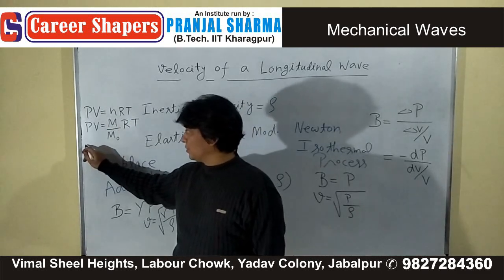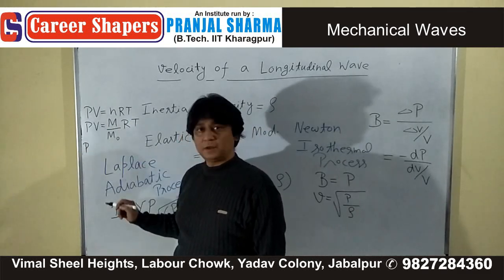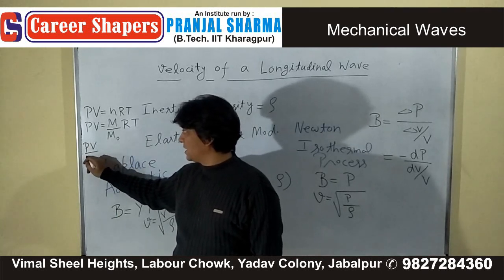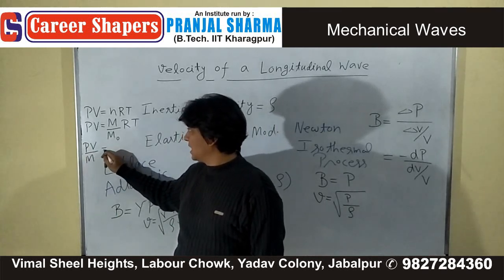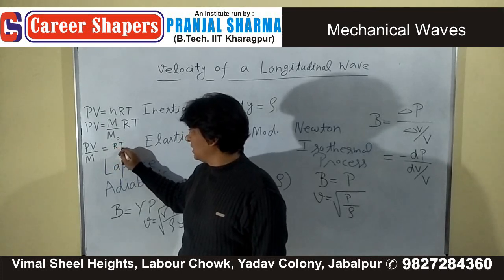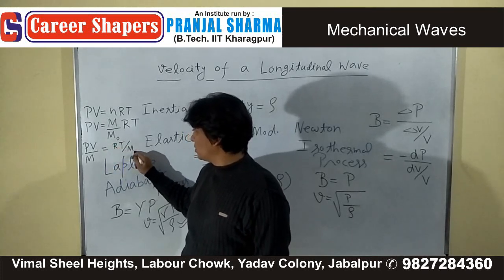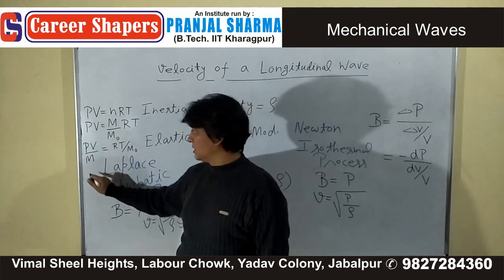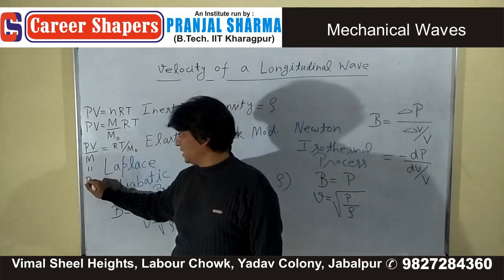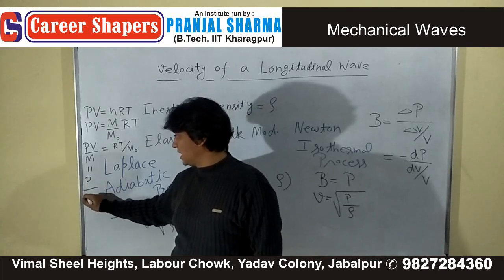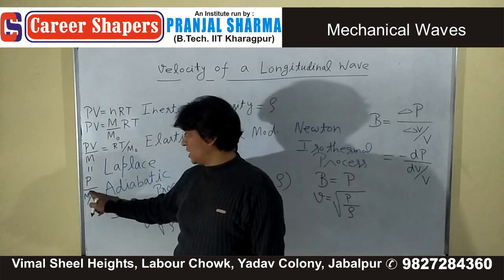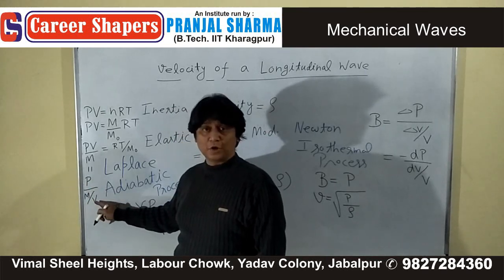This gives you P into V divided by m as RT divided by M naught. What is this? This is P divided by m divided by V. What is mass upon volume?